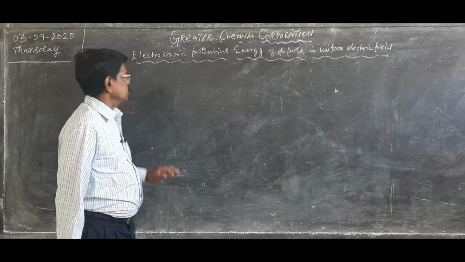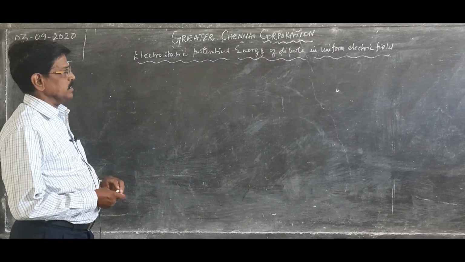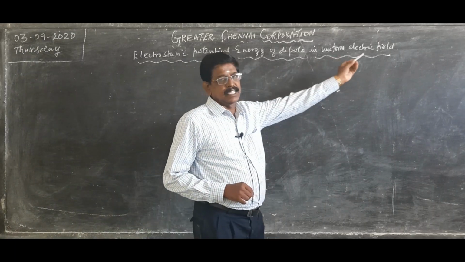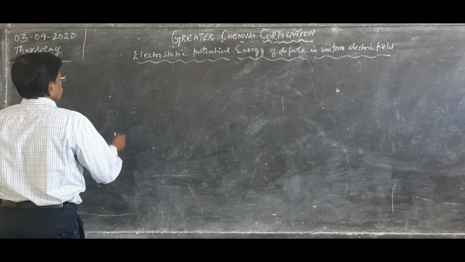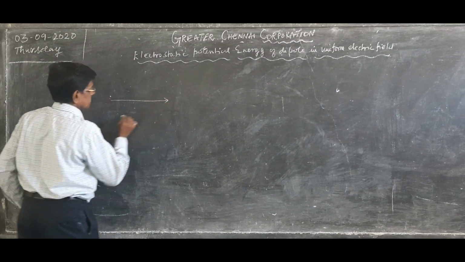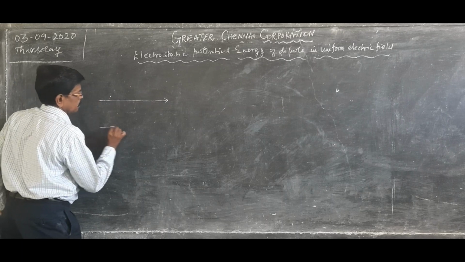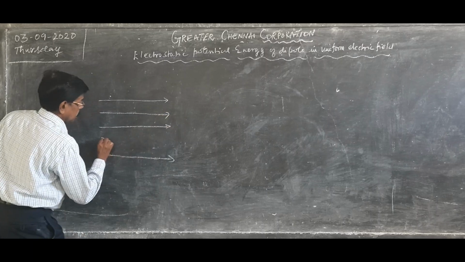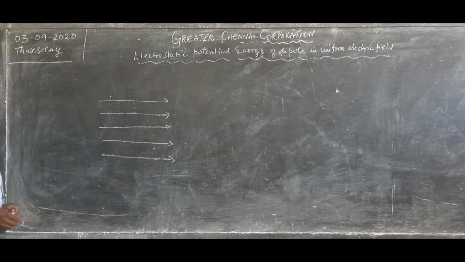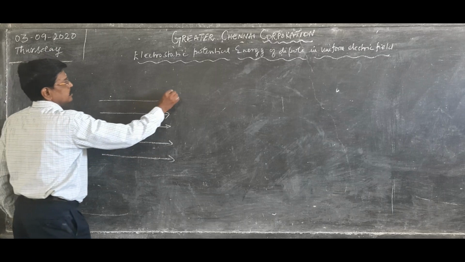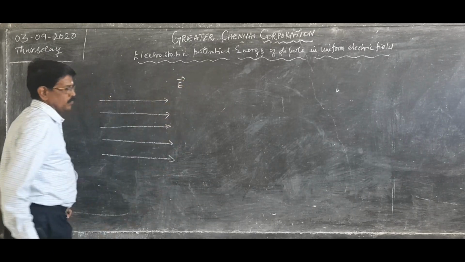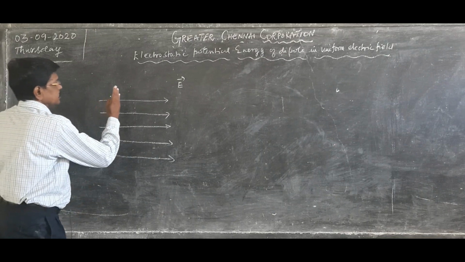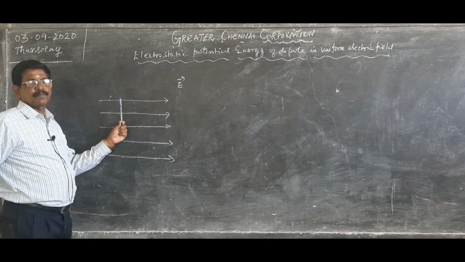The next topic is electrostatic potential energy of the dipole when it is placed in a uniform electric field. If the lines are regular or parallel, then you can say it is a uniform electric field, say E. In this uniform electric field, the dipole is placed in, say, a perpendicular direction like this.